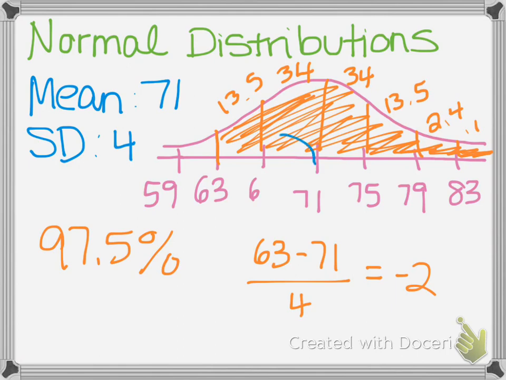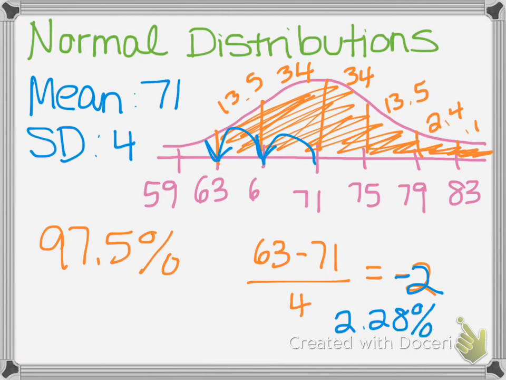So this is 1 Z-score, this is 2 Z-scores, and since we're going to the left, we know that it's -2. So when I look at my Z-score table, that chart of all those numbers, I'm going to go to -2.0 and the first column, which is 0.00.